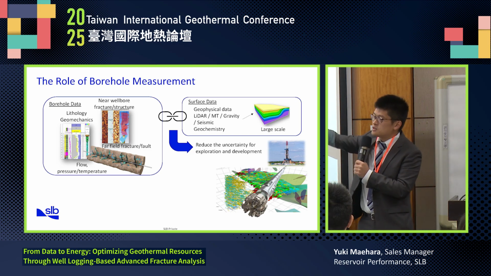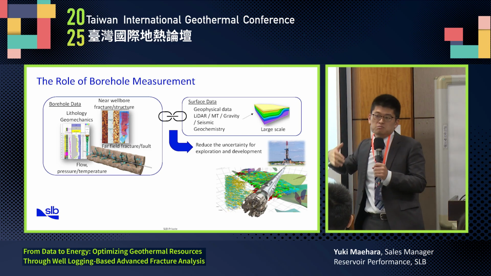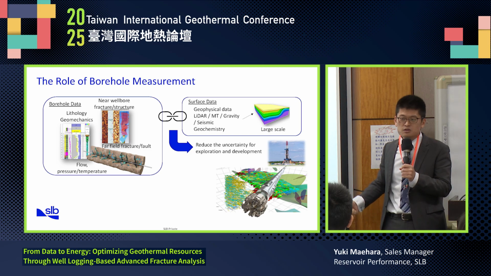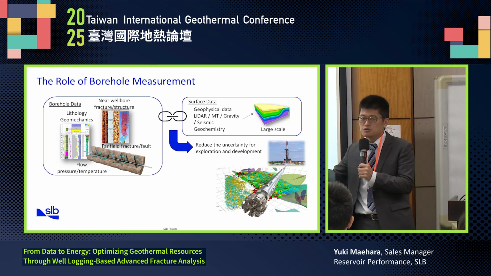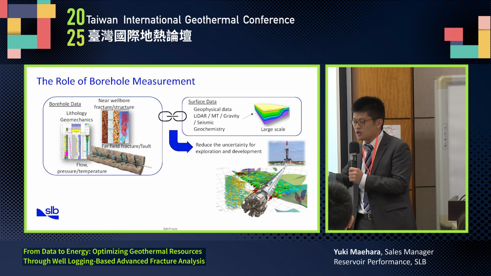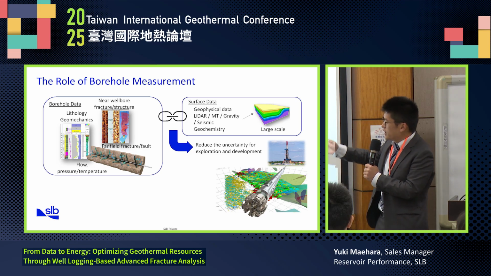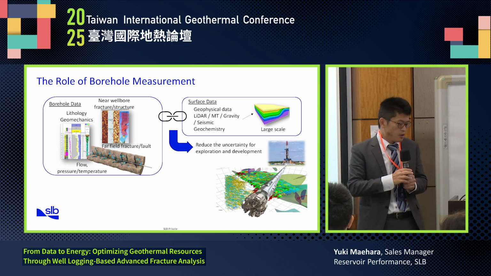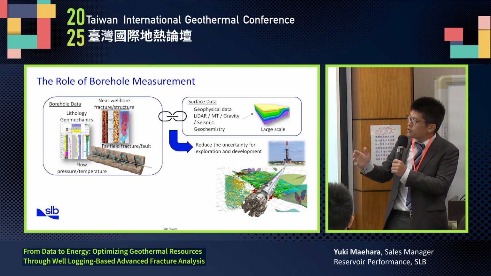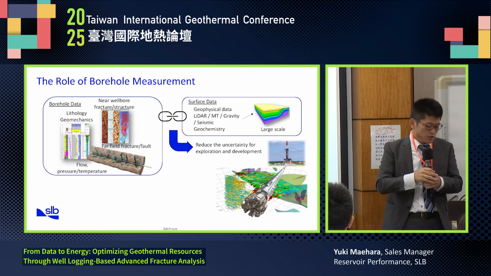By combining these, we can make fracture modeling for the subsurface. Then we can design where we should drill, which azimuth, and how much deviation. And by having this modeling, we can reduce the uncertainty from the geology. Today, we are more focused on the left side, borehole data.